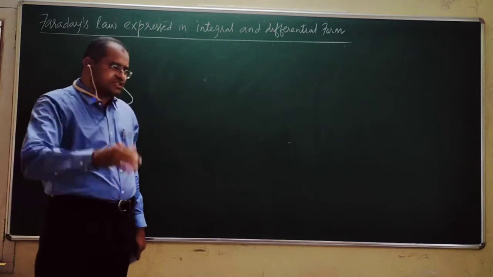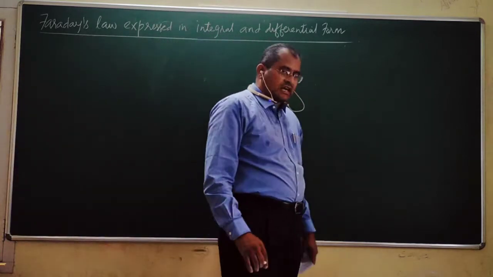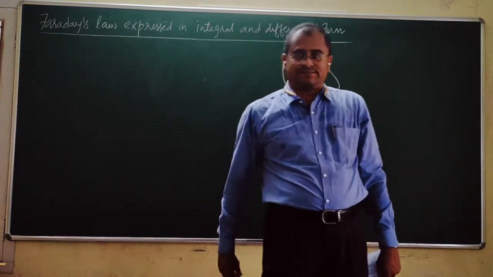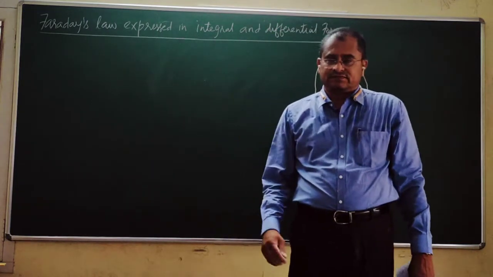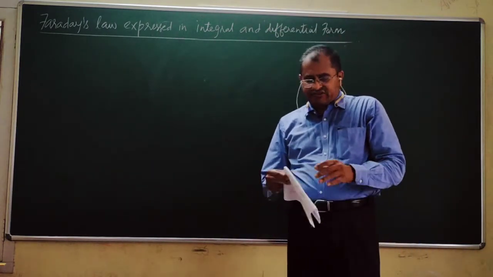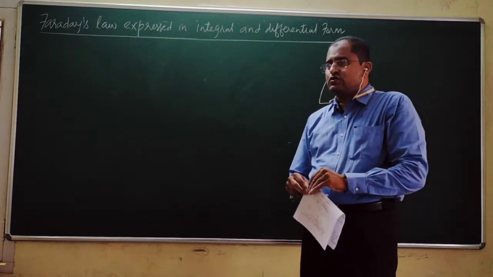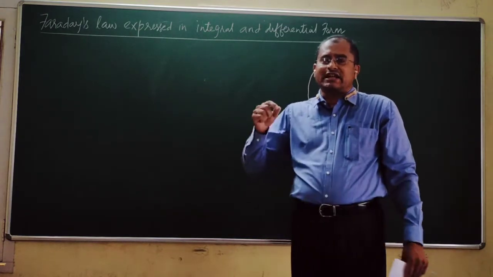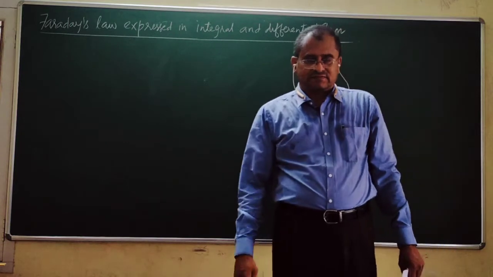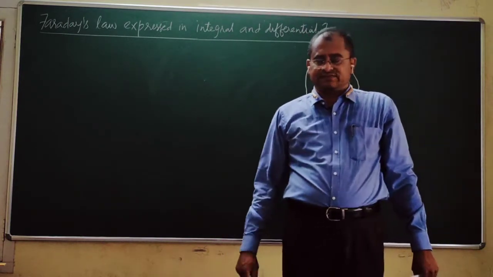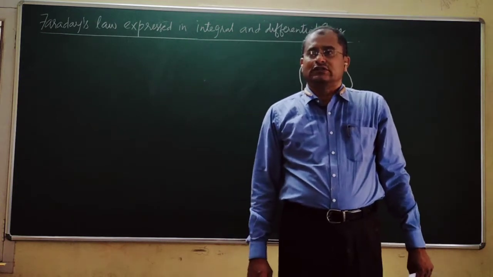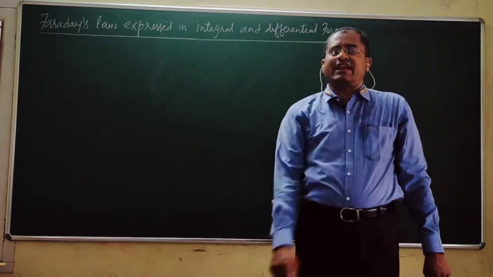Right through my discussion so far, I have put very clearly that change in magnetic flux in a circuit will produce an induced current. In other words, change in magnetic flux in a circuit produces an electric field.